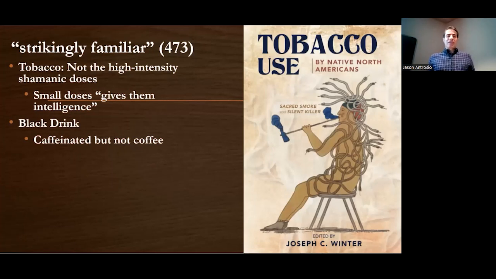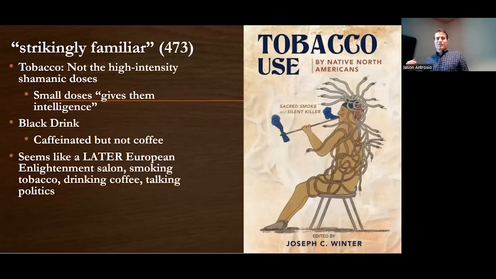And one of the things they say, and this is kind of important, is that you observe these societies in this area doing something that would later become common in the European Enlightenment salons, where people would be sitting around smoking, talking politics, drinking coffee or caffeinated beverages. And what they're saying is, this looks an awful lot like what indigenous societies in the Americas were doing before the Europeans got a hold of it.